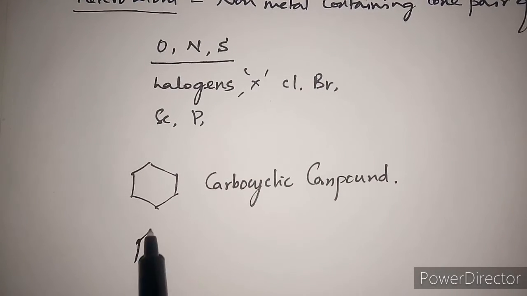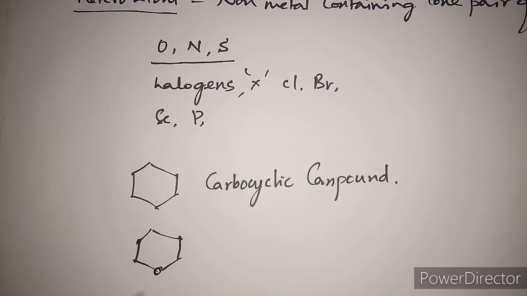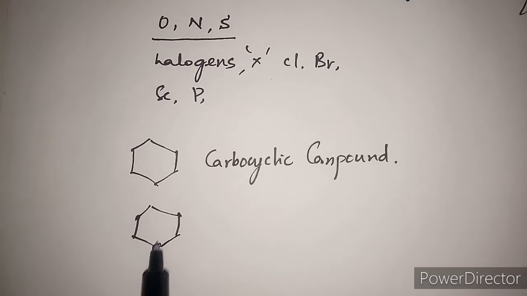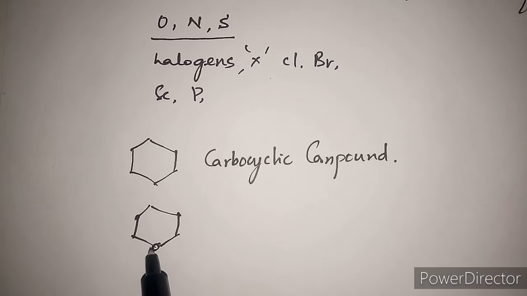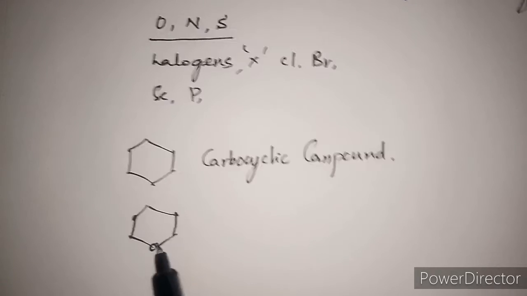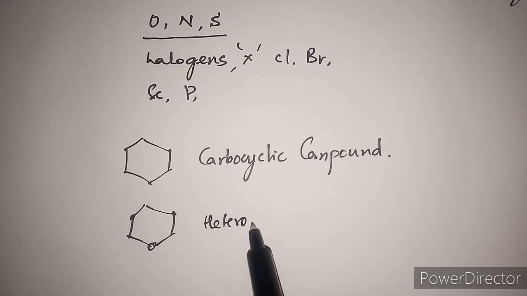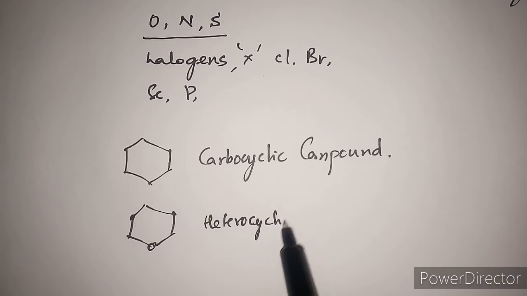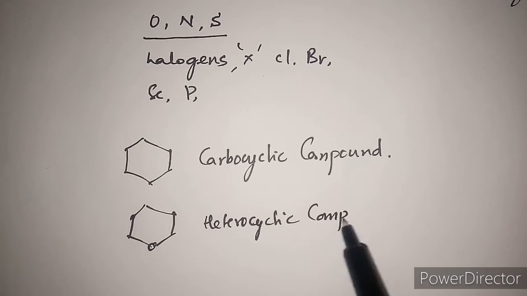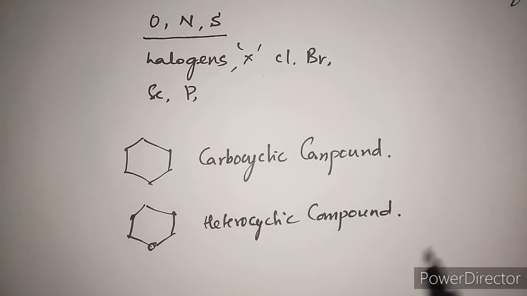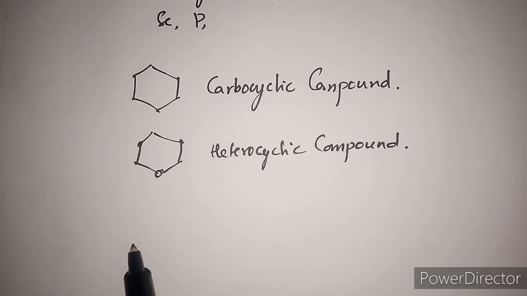Now we replace one carbon with oxygen. It is a cyclic compound in which at least one carbon atom, a constituent member of the ring, is replaced with a heteroatom, so it is called a heterocyclic compound.